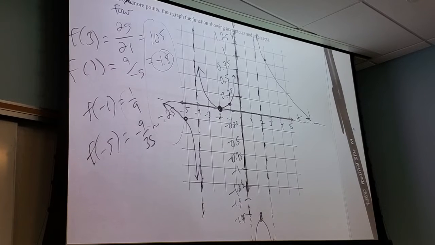Let's check it with Desmos. Actually, yeah, let's do this. How many people would need to borrow a graphing calculator? Anybody? Go ahead and get your graphing calculators up, or come up and borrow one if you need one. You're good. Need to borrow one, come on up.